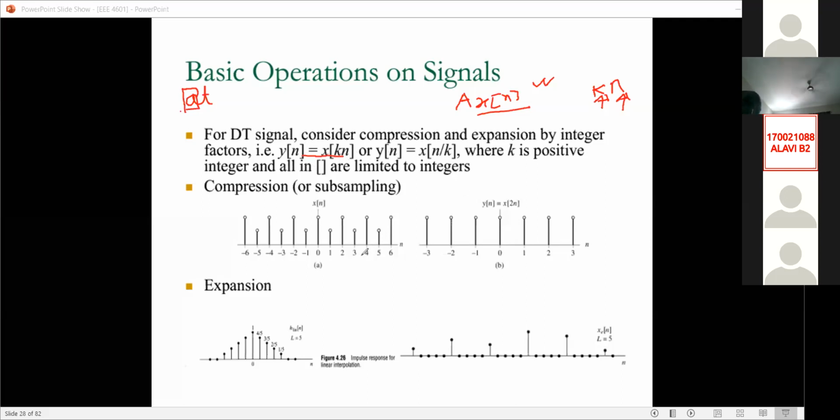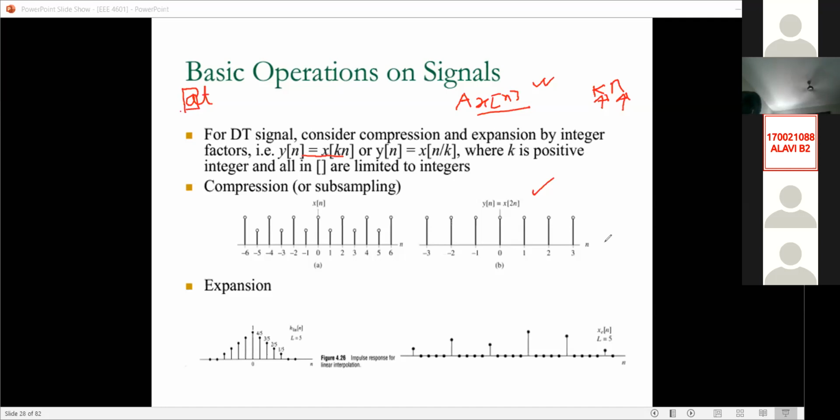Now consider that we are illustrating this operation using this example. Our samples extend from n equal to -6 to 6. We have a system that makes our signal y[n] equal to x[2n]. That means we are multiplying the sample index n by 2. Let us map a few points in our new signal.